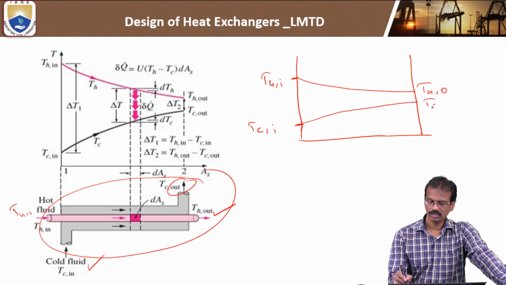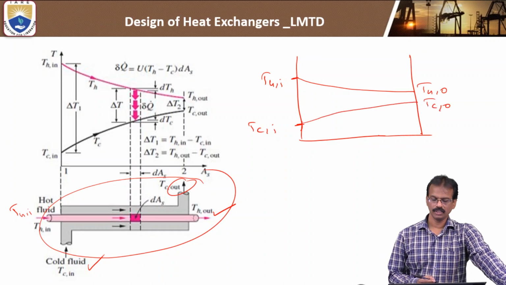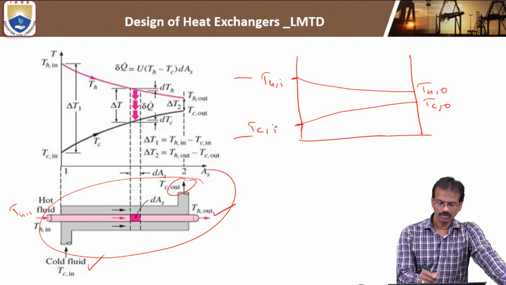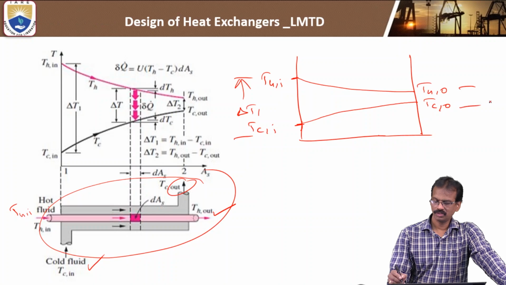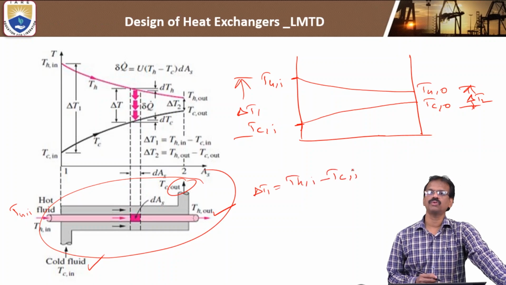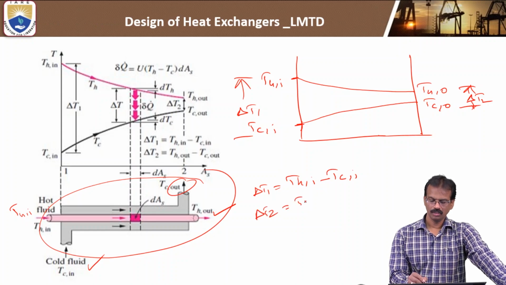So this is TC naught. We can represent this as delta T1 and this as delta T2. Delta T1 is nothing but the inlet temperature of hot fluid minus the inlet temperature of cold fluid. Similarly, delta T2 is the outlet temperature difference.